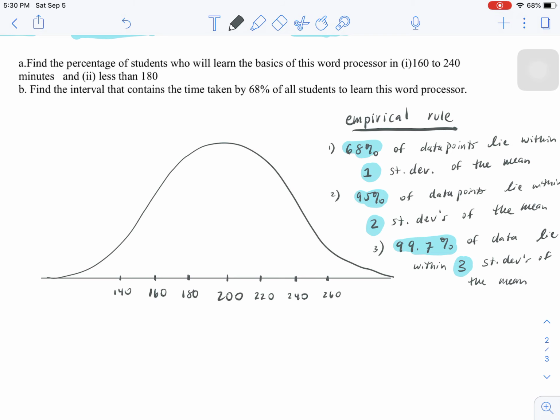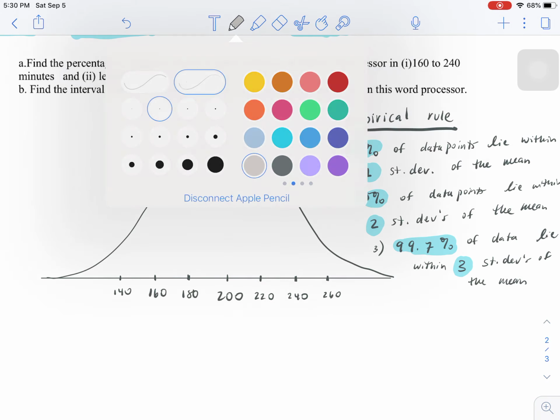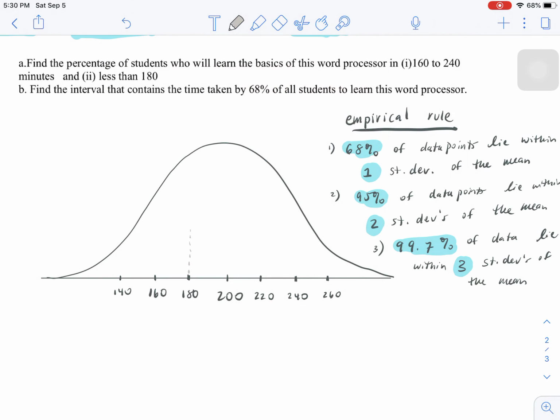So what the empirical rule tells me is that within one standard deviation, between 20 below the mean and 20 above the mean, within this interval that I'm going to shade in light blue here, 68% of my data points lie within this interval from 180 to 220.